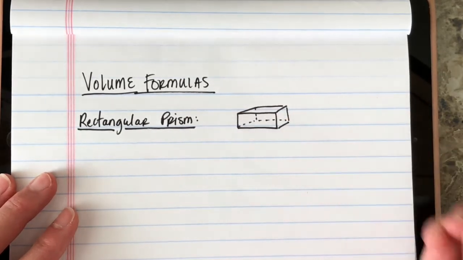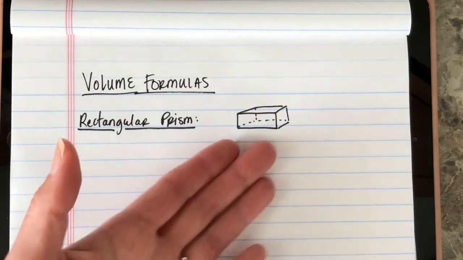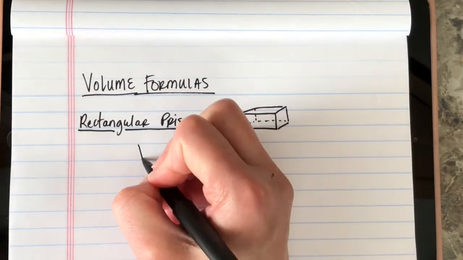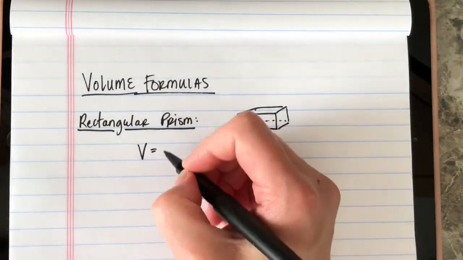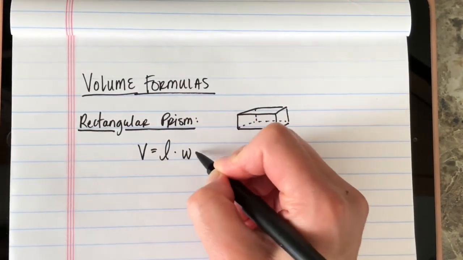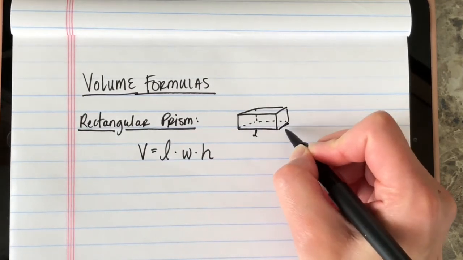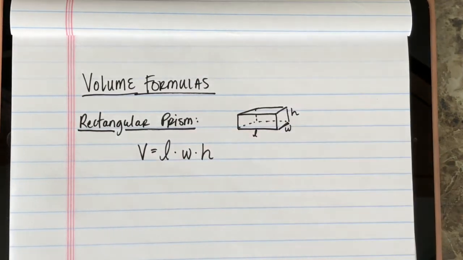I like my box to be filled with chocolate, so that's what I'm going to imagine. The volume formula for a rectangular prism is going to be the length times the width times the height.